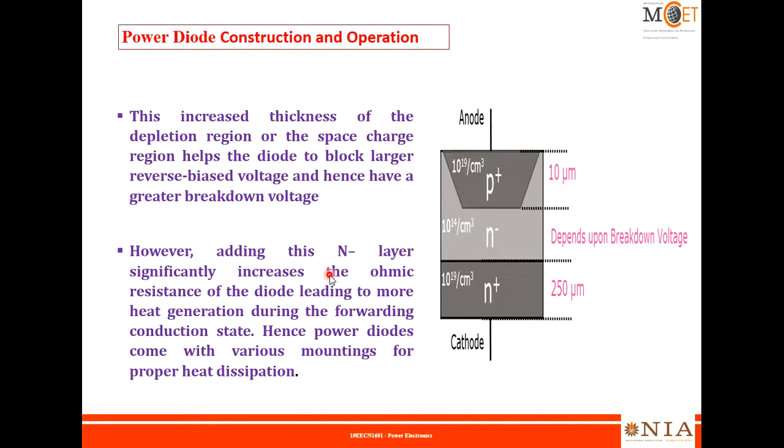However, the N minus layer significantly increases the ohmic resistance of the diode, leading to more heat generation during the forward conduction stage. Hence, power diodes come in various mountings for proper heat dissipation. Thank you.